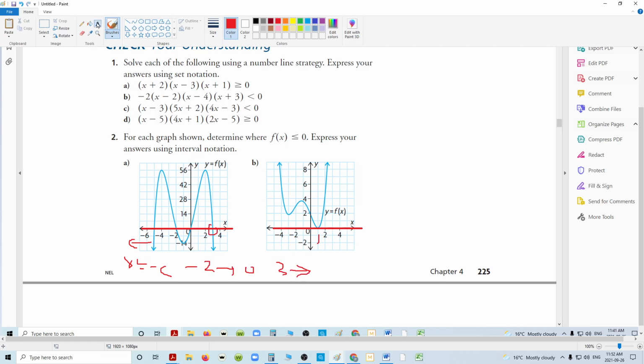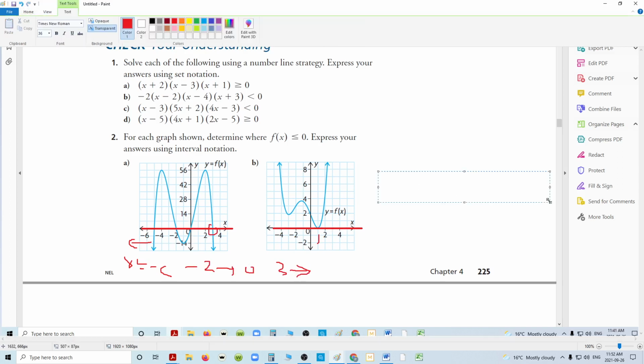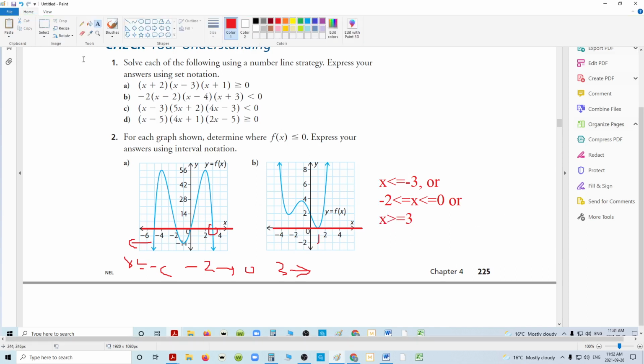So I would write that as: the function in A is below or equal to 0 when x is smaller or equal to -3, or when -2 is smaller or equal to x, smaller or equal to 0, or when x is bigger or equal to 3. And those are all the times that this graph is below 0.